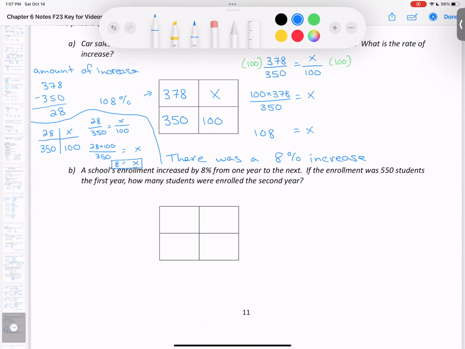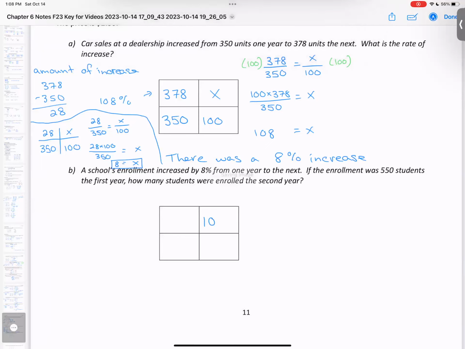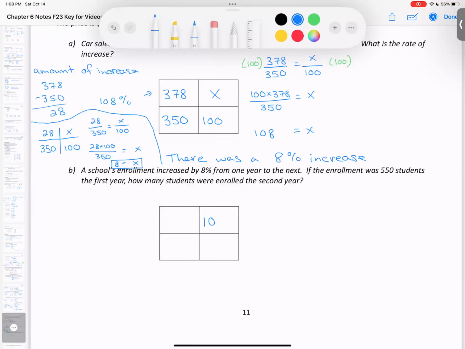If the enrollment increased by 8%, that means my rate is 100% plus that 8%, so my rate is 108 over 100. Enrollment was 550 students the first year, so we're looking for 108% of 550, which would be our x.